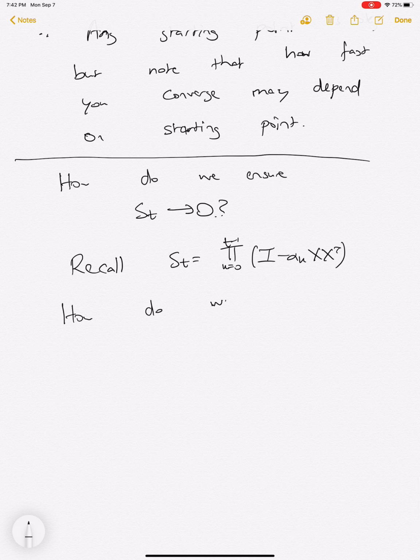How do we choose step sizes? These alpha t's for t going from 0 to infinity.